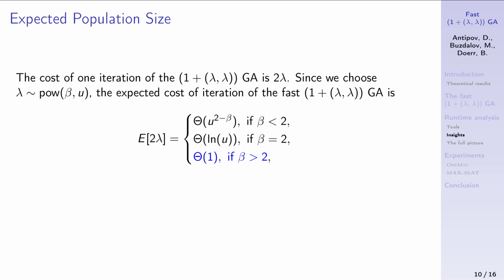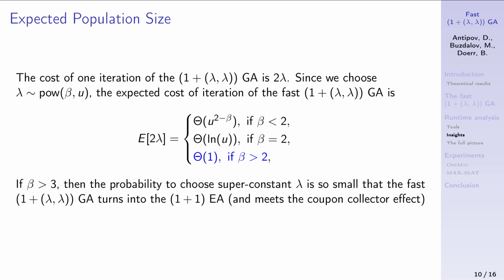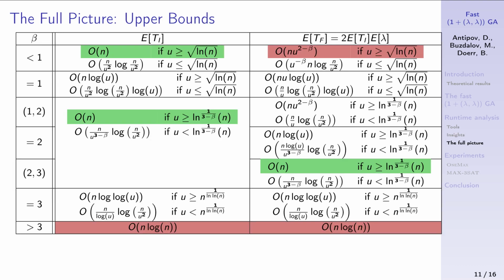From this observation, it might seem that large betas are better because they give us a constant population size on average. However, if we use too large betas, namely greater than 3, then the probability to choose a super constant lambda becomes too small, and it means that the 1 plus lambda comma lambda GA falls back to the simple mutation-based algorithm 1 plus 1 EA and meets all its problems, like the coupon collector effect.